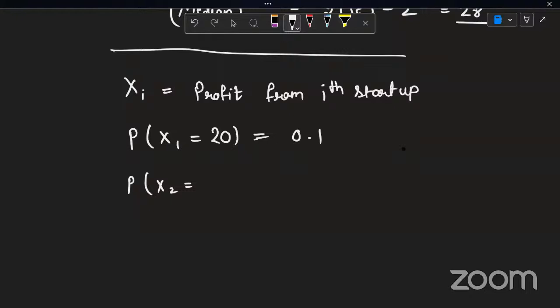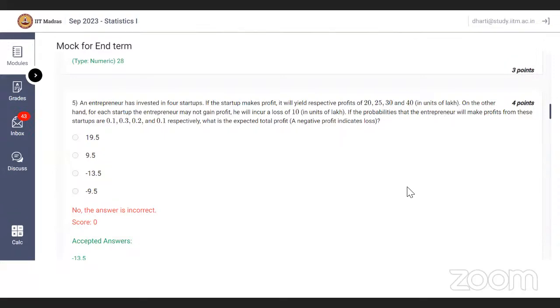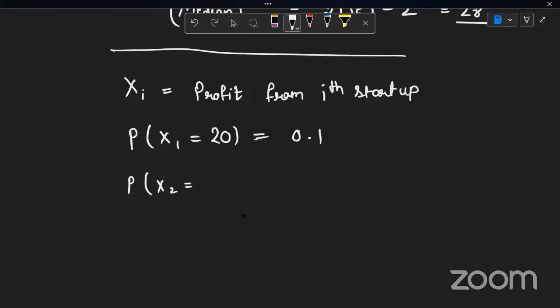The profits are 20, 25, 30, and 40. So the probability of X2 equal to 25 is given as 0.3.